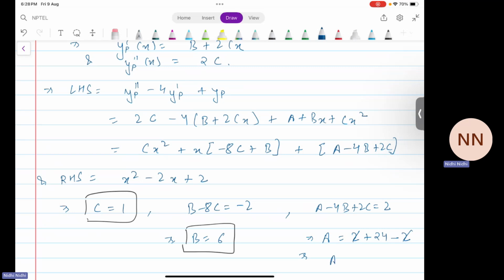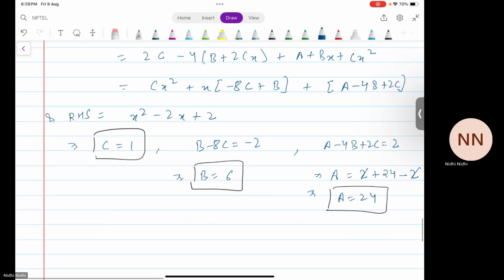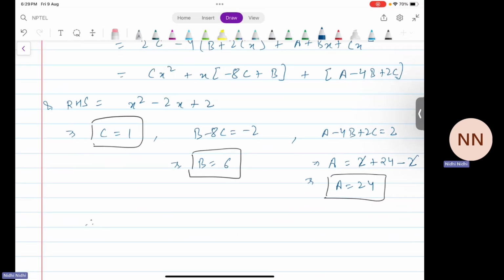We get a is equal to 24. Therefore, yp(x) is x square plus 6x plus 24.